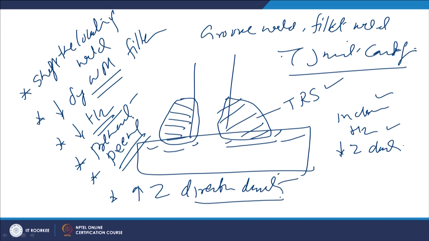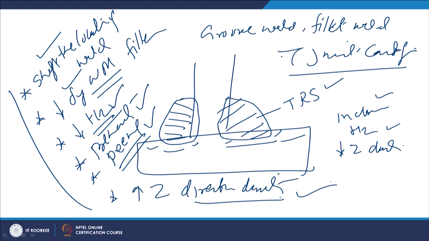So, these are some of the steps which can be taken in order to avoid or reduce the possibility of lamellar tearing. So, shifting the location of the weld, using low yield strength filler metals, reducing the hydrogen concentration in the weld, use of preheat, shot peening, and using metals having good Z direction ductility. So, these are the two most common types of problems encountered during the welding of carbon and low alloy steels.